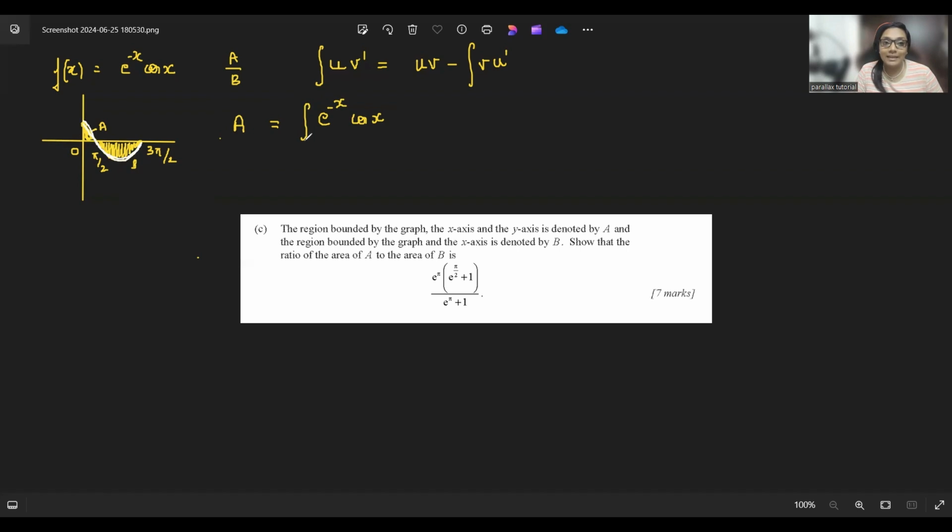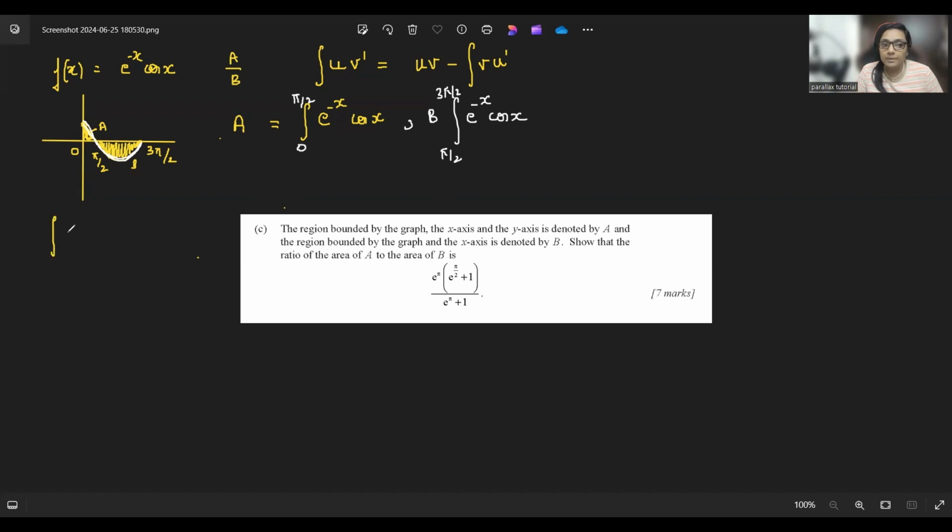For region A, the limits will be from 0 to pi by 2. For region B, the limits will be pi by 2 to 3 pi by 2, but the integral will remain same. Okay, so all we need to do is just figure out what the integral is, then apply limits and get the area, right?